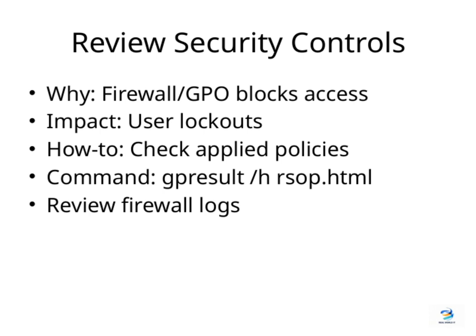Connecting all these points, understanding how policies and security configurations impact access is crucial in the overall security management. By systematically checking the applied policies, examining firewall logs, and reviewing security controls, we can pinpoint the root cause of these lockouts and resolve them more efficiently.